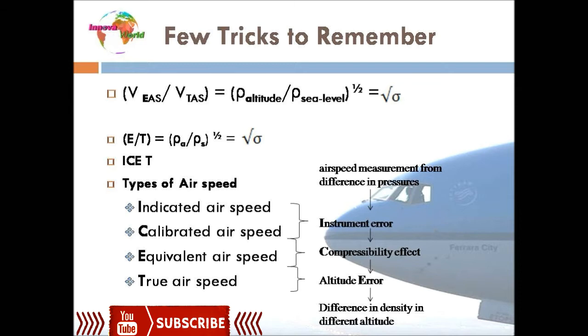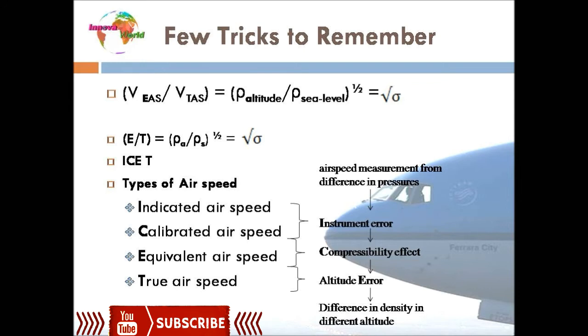Now we have an important formula, the first one related to density. EAS by TAS equals density at altitude divided by density at sea level, to the power 1 by 2, that is the root of the density at some altitude by the density at sea level.